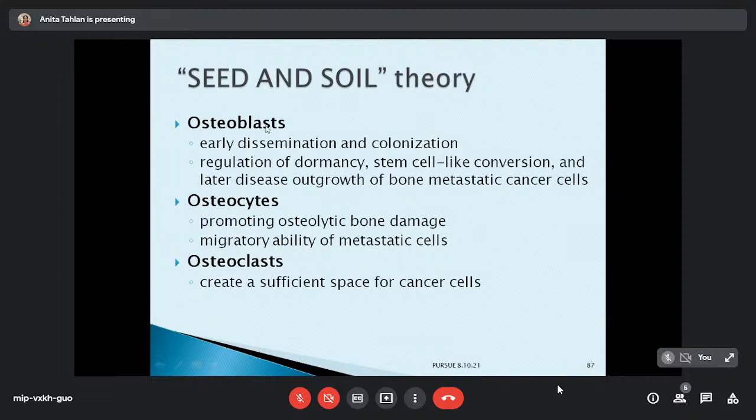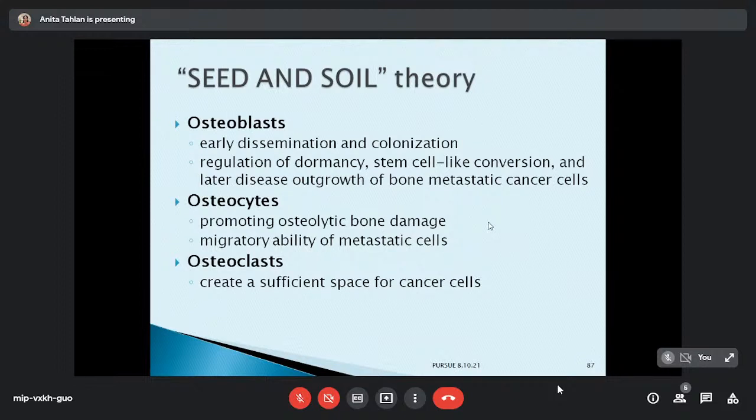The various cells like osteoblasts help in early dissemination and colonization. They regulate the dormancy. Osteocytes promote the osteolytic damage and migratory ability of metastatic cells. Osteoclasts will reabsorb bone and therefore create space for these cancer cells, because bone marrow is a crowded place where we have so many cells.